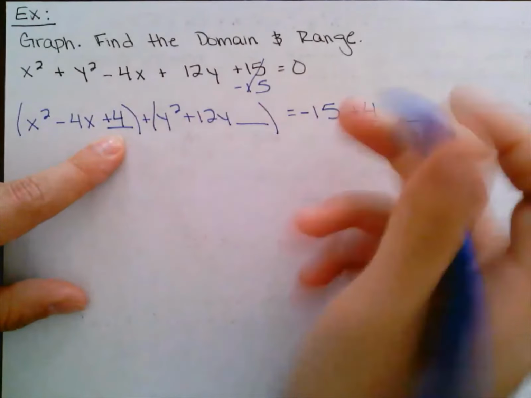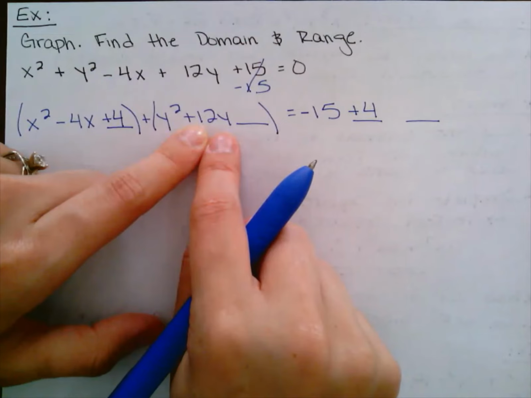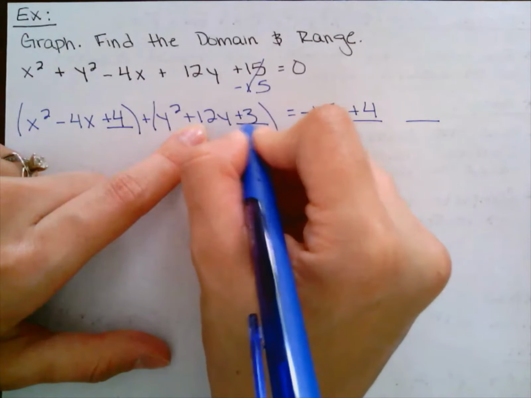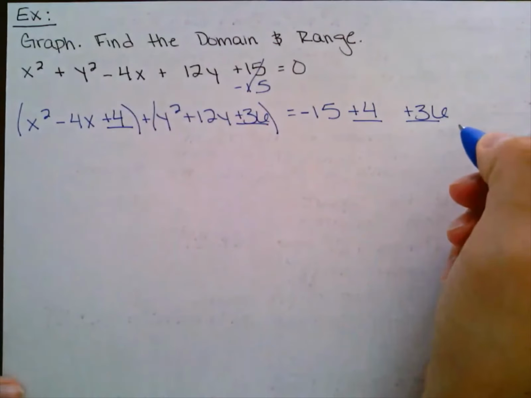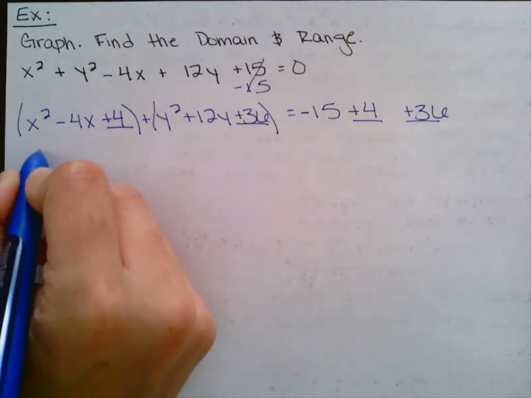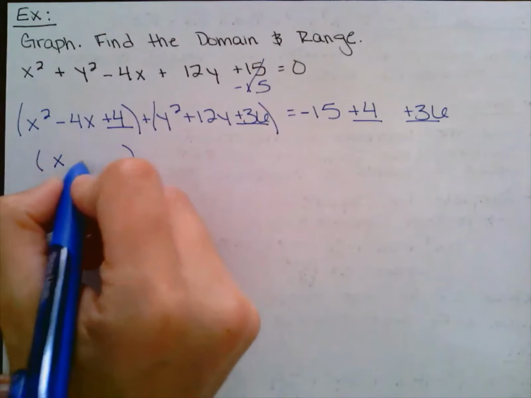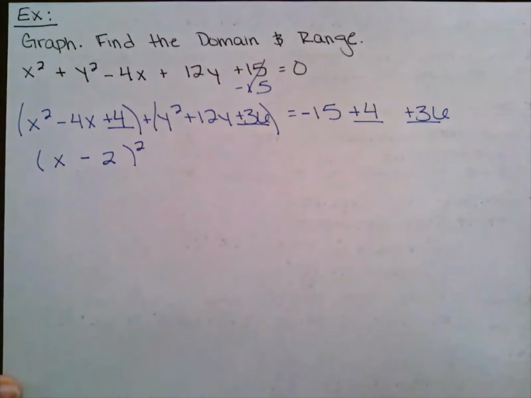Now let's do the y's. Half of my middle term would be 6. 6 squared would be 36. Okay, now on the left, we're going to write this as a binomial squared, which would be x. Half of my middle term, half of -4 is -2, and I put my square on my outside.